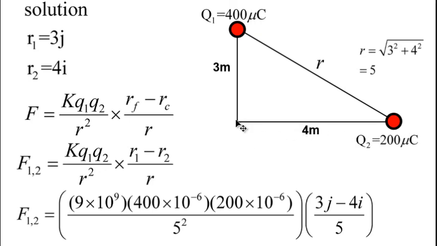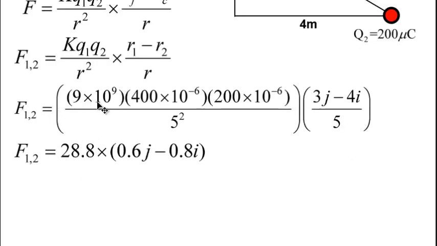From this origin, we move a distance of 4 in the i direction, divided by 5. Punching this in our calculator, everything here gives us 28.8. Then for this one, we cannot add or subtract j from i. 3j divided by 5 is 0.6j, minus 4i divided by 5 is 0.8i.